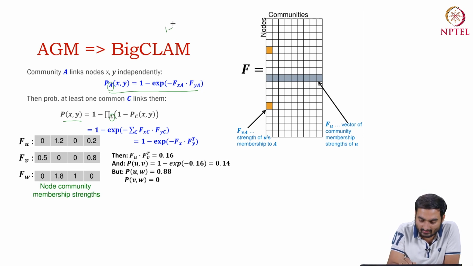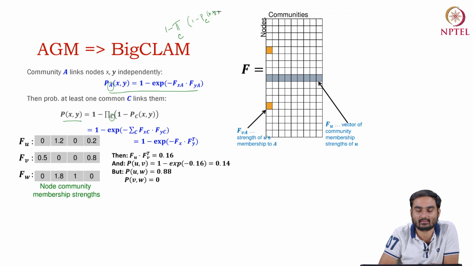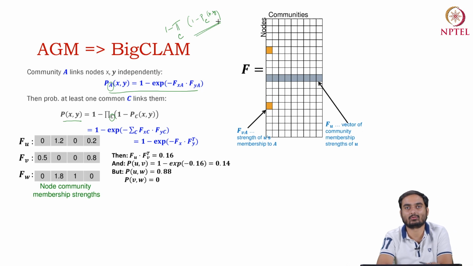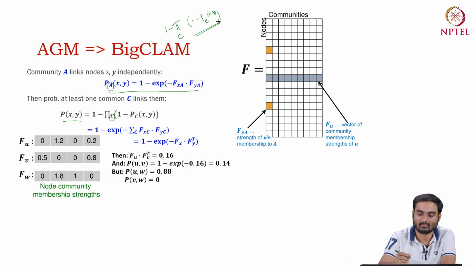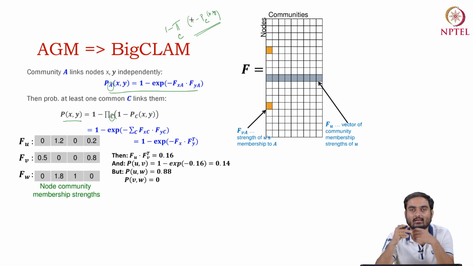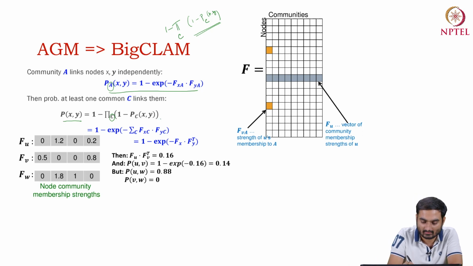So 1 minus this big multiplication over all the communities, 1 minus PC xy, the same OR kind of function that we defined earlier. This will give you the probability that they are not connected due to any of the communities, but 1 minus this will give you that they are connected due to at least one community. Okay.